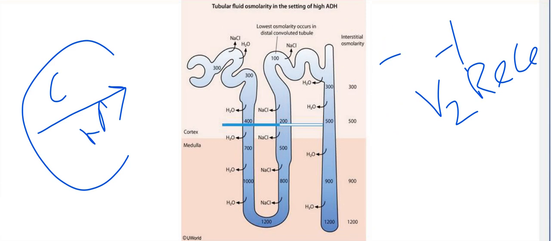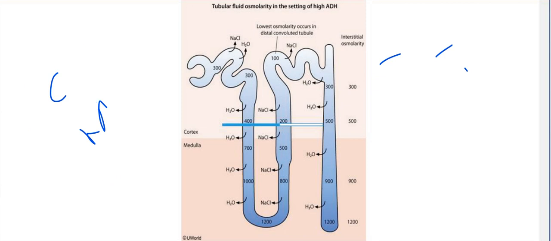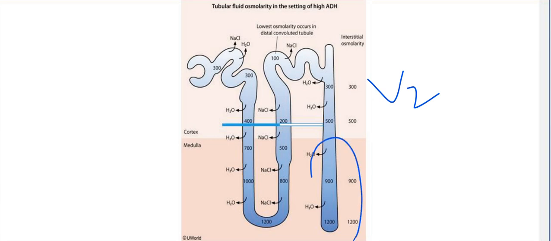I will show you two more important things. First of all, these V2 receptors are mainly acting on this part. What they do is create a space for urea to move out.